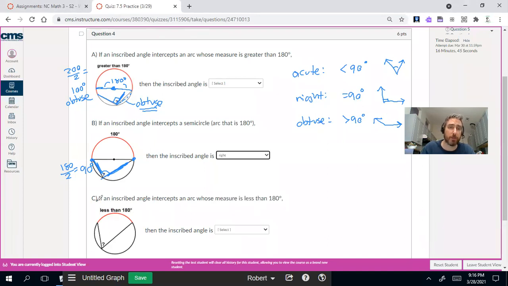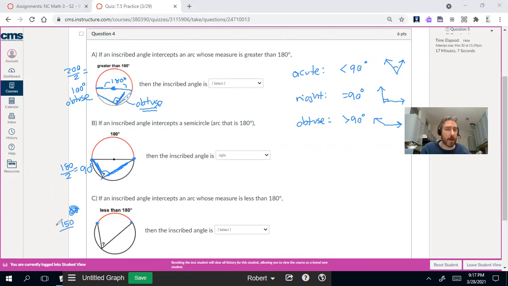And so that should lead you to believe that if you have an arc that's less than 180, take a number like 60. That's less than 180. Or sorry, take a number less than 180, like you don't have to go that low, it could even be 150.